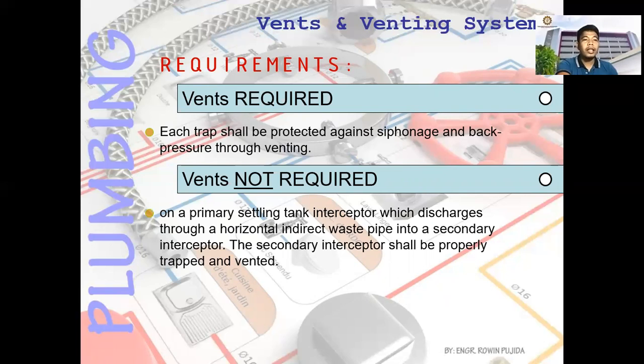The secondary interceptor shall be properly trapped and vented. So in construction, you should have at least a vent system in your sanitary and waste line so that the circulation of air or the flow of your waste is not intercepted.